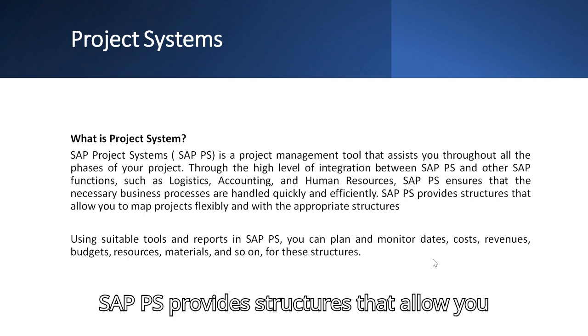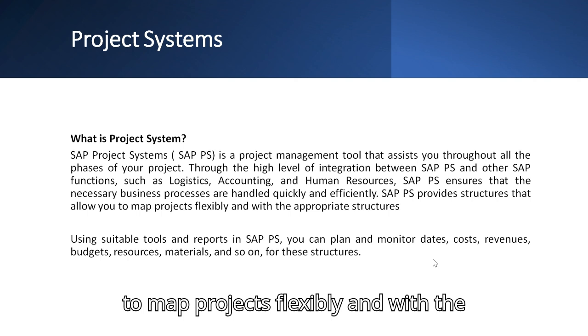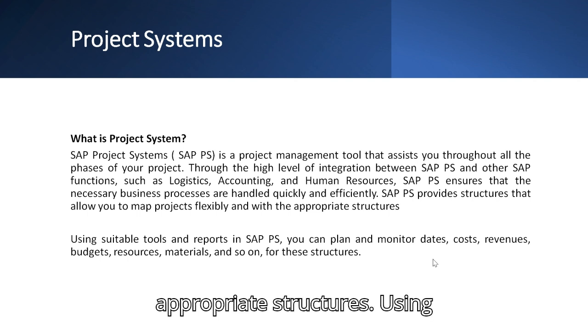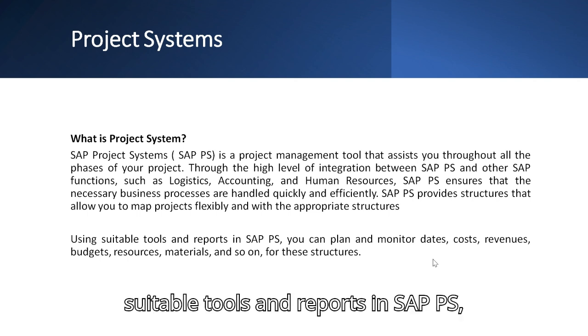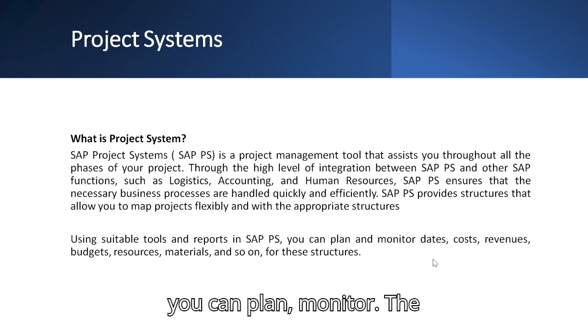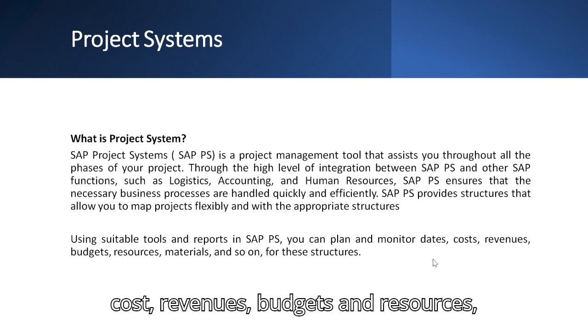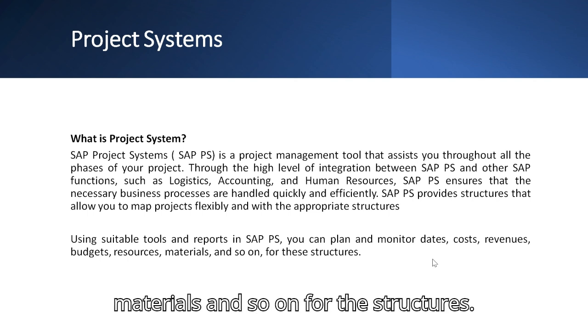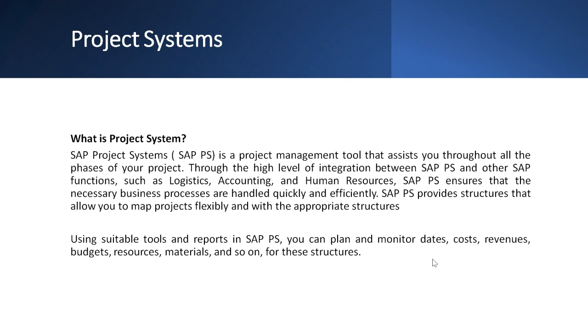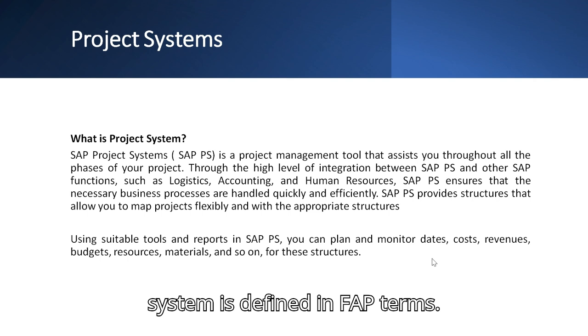SAP PS provides structures that allow you to map projects flexibly and with the appropriate structures. Using suitable tools and reports in SAP PS, you can plan and monitor the costs, revenues, budgets, resources, materials, and so on for the structures. So this is how the project systems is defined in SAP terms.